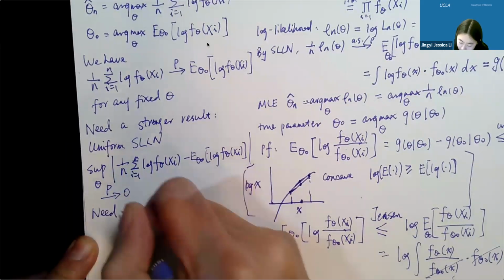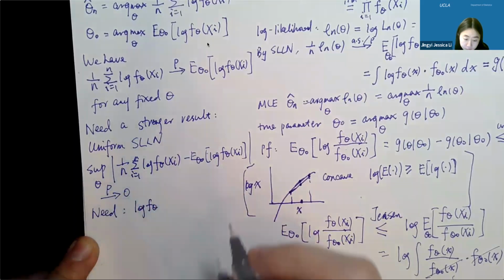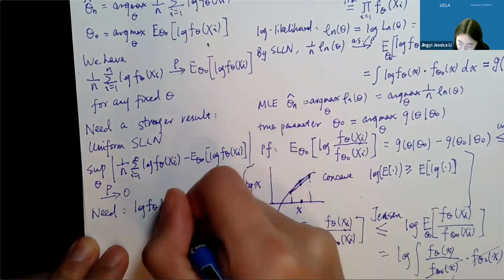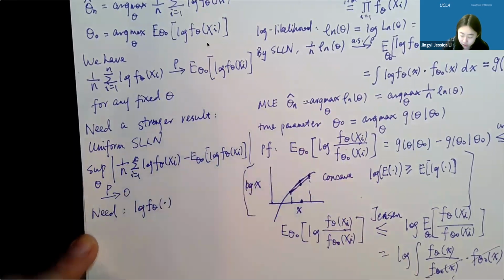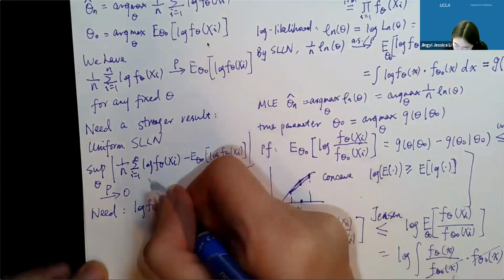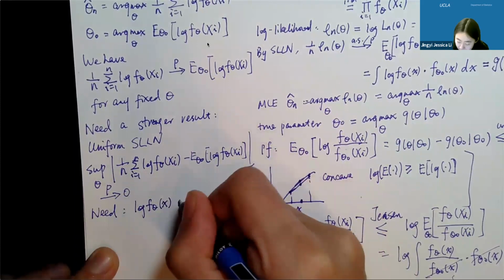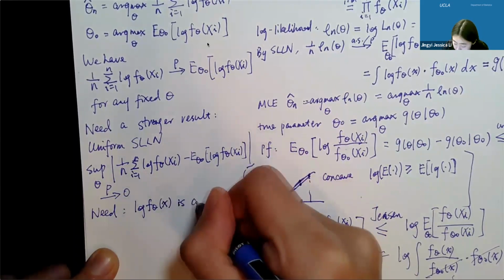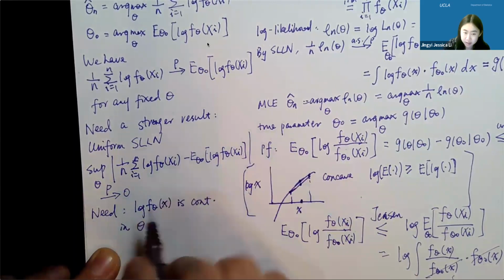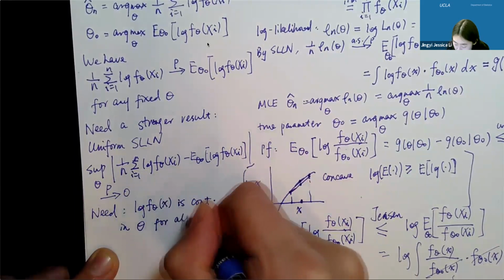The first one is that log f(theta, x) needs to be continuous in theta, for all x.